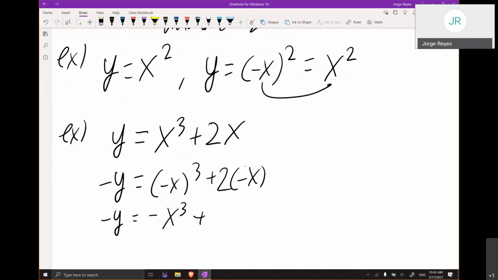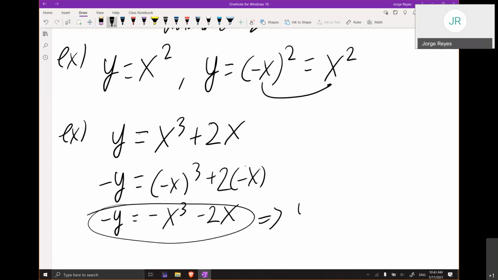And then this is just a negative 2x. Then I'm going to multiply both sides by negative 1. And look, I got back to here. So this is symmetric about the origin, because when you plug in two minus signs, essentially they just cancel everything out. Not too important.